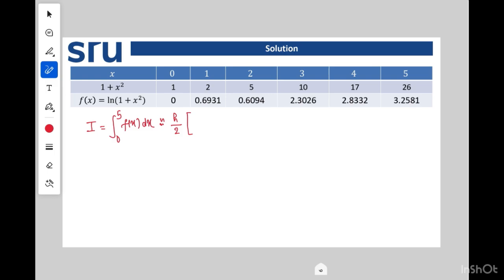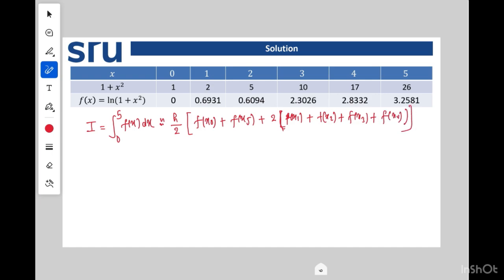First we write the function value at the first data point, then the function value at the last data point, which is x5, f of x5, plus 2 times all the data points between x0 and x5: f of x1 plus f of x2 plus f of x3 plus f of x4.